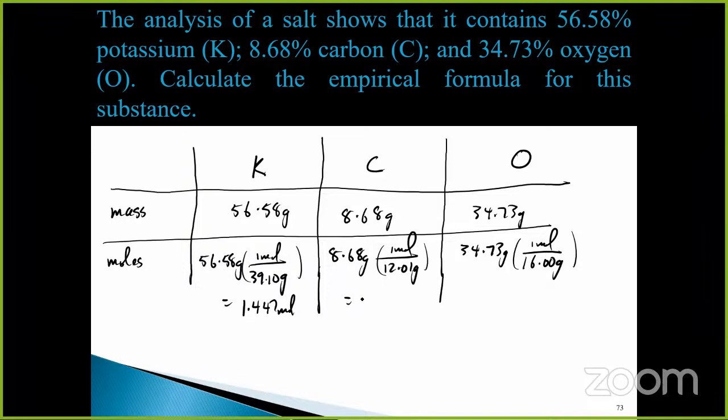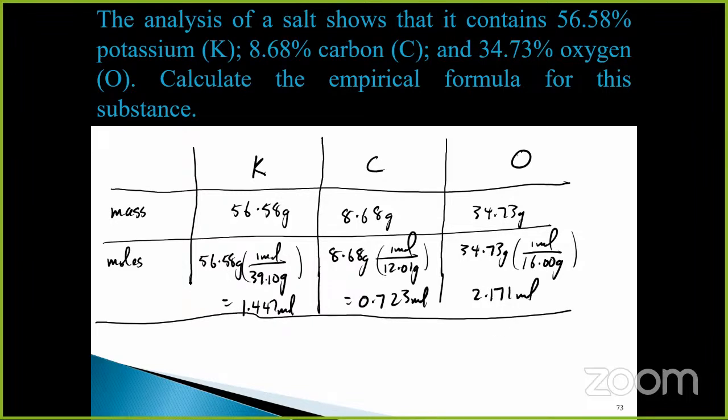And I got, in this case, 0.723 moles. And finally, in the case of oxygen, 34.73 divided by the molar mass, which is 16. And I got, in this case, 2.171 moles, all right? So that's what we do at this juncture right here.